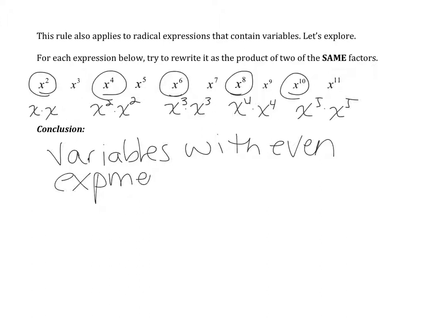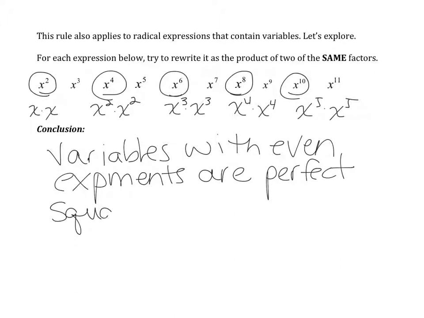Now the reason for that is because when we're multiplying terms with the same base, we add the exponents, right? So if we're adding the same two numbers together, we're always going to get an even number there. So let's go ahead and take a look at the next set of problems.